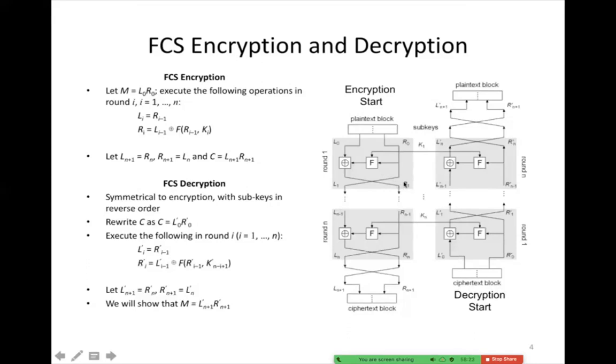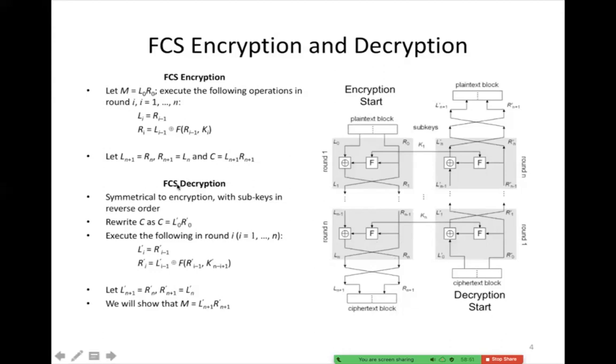That's what R sub 1 you're getting. Then you repeat this same set of operations n times, and then you get the output. So this is L sub n, this is R sub n.